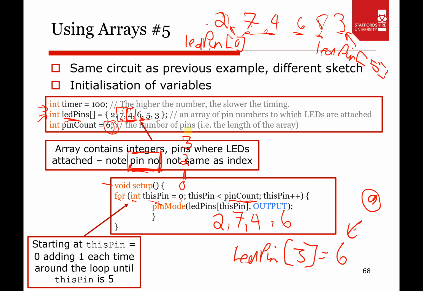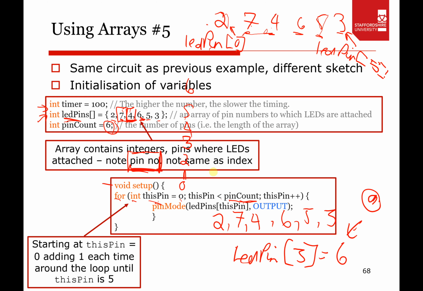The fifth iteration round the loop would be pin 5. The sixth iteration round the loop would be pin 3. Then there would be no more iterations around the loop because pin count is 6 and we've already got to 5.